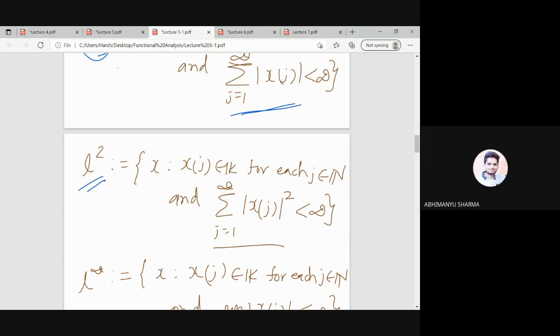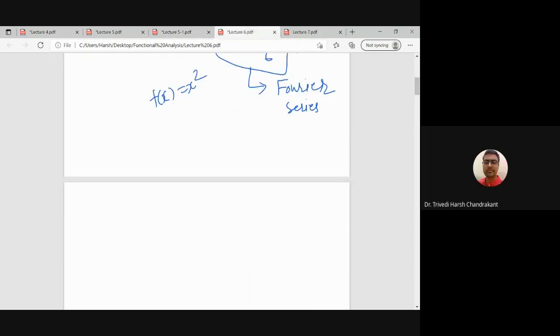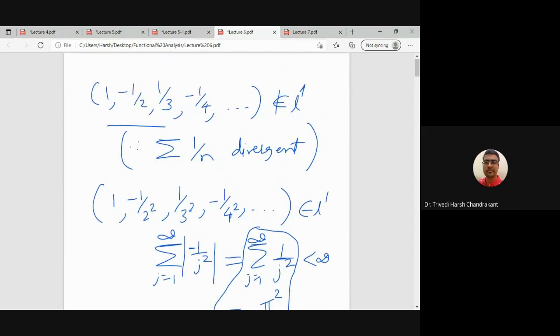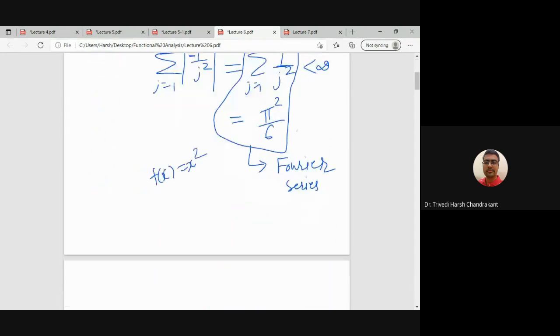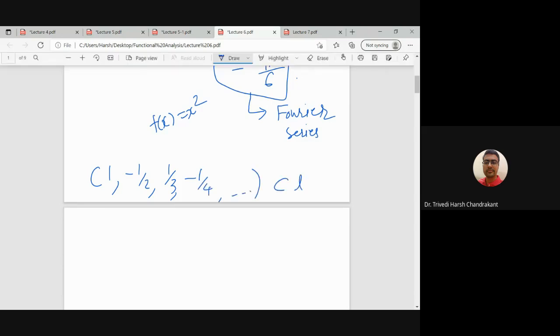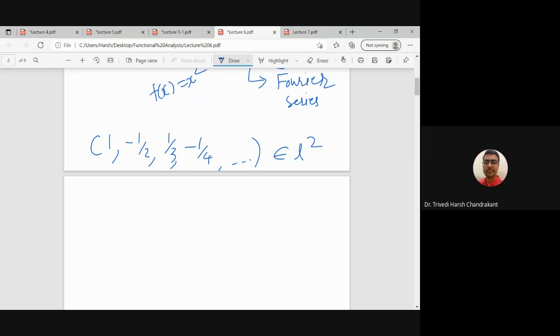We can take the series 1 upon n. Right. So we have seen that summation 1 upon n, this series is not in L1, but that series is in L2. To see that this series belongs to L2, what is the jth term here?